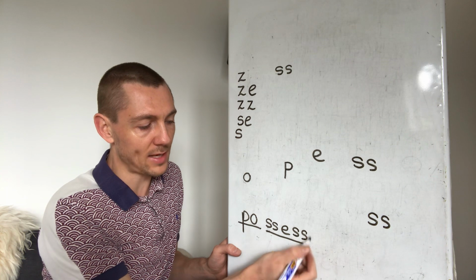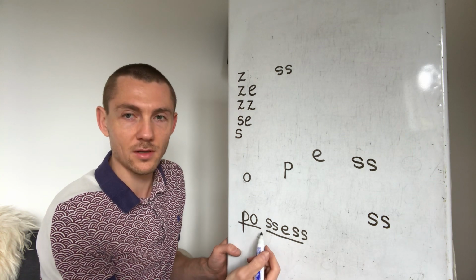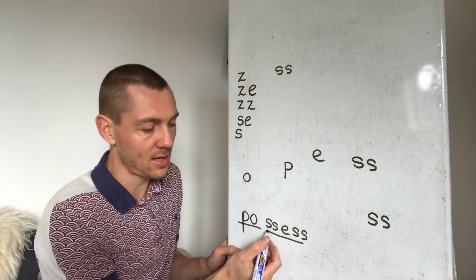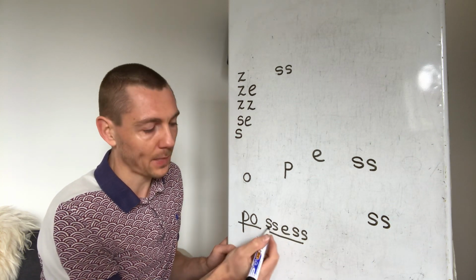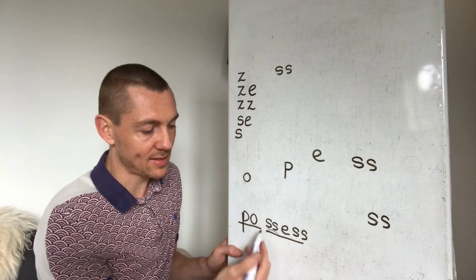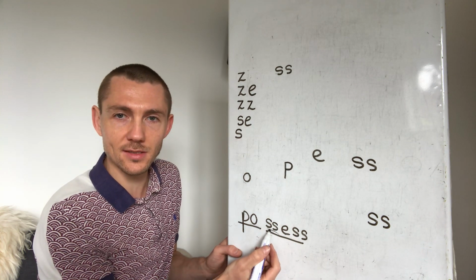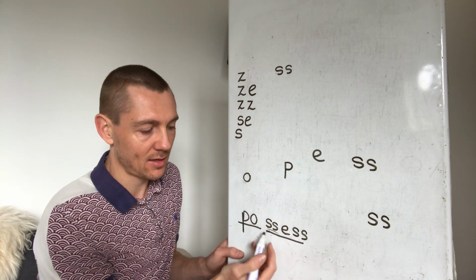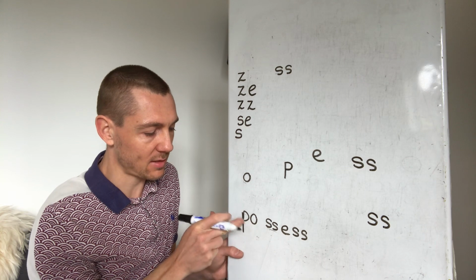So two letters, one sound, but it's the same two letters for two different sounds, okay? O, po, z, s. Say it with me. Z, s. Okay, good. Possess.